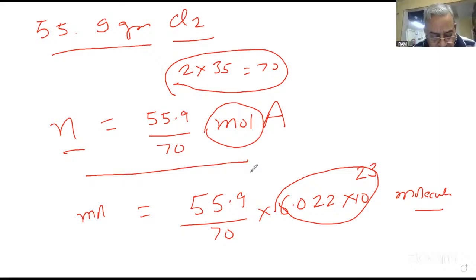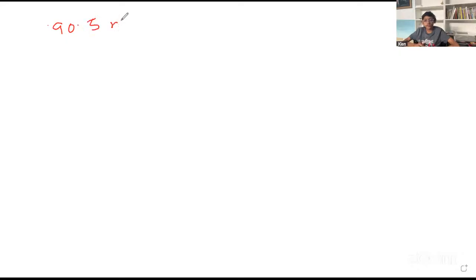Yes. Now come to C. Just see, try to do it. C is 90.5 mg of C4H10.